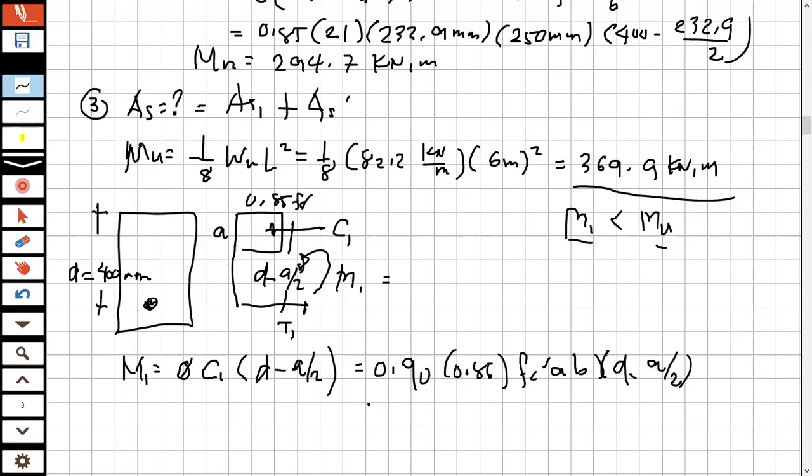So let's substitute. Substitute natin. We have 0.9, and then you have 0.85. We have FC prime. Ano ba yung FC prime natin again? It's 21.